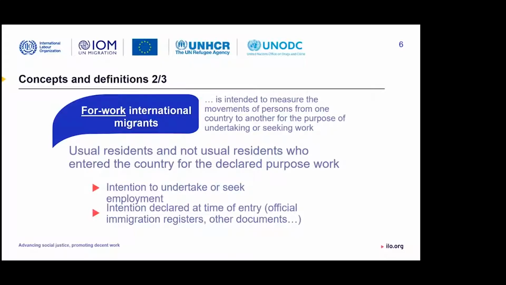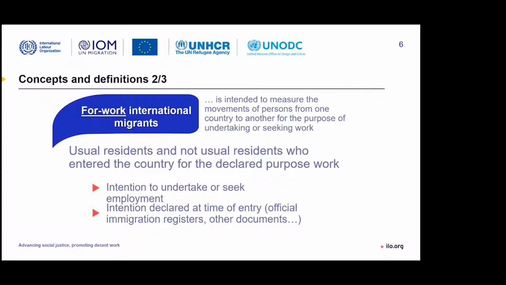And for statistical purposes, for-work international migrants are all international migrants as we defined them on the previous slides, meaning they are usual residents as well as not usual residents, who entered the country of measurement during a specified reference period, like I said, for working or for seeking work. And their intention was declared at the time of entry to the country.